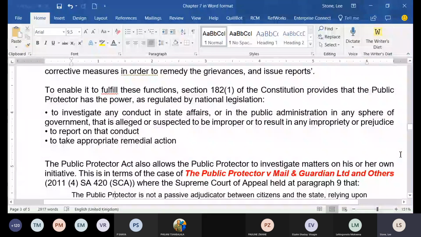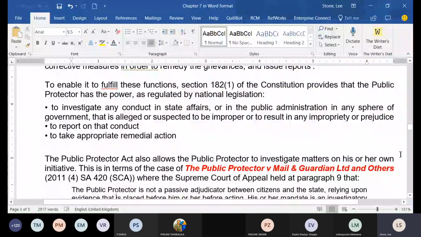What we need to emphasize is that the public protector is what we deem to be an active participant, meaning the public doesn't sit back and wait. If there is something you want to get, please go ahead and do so.